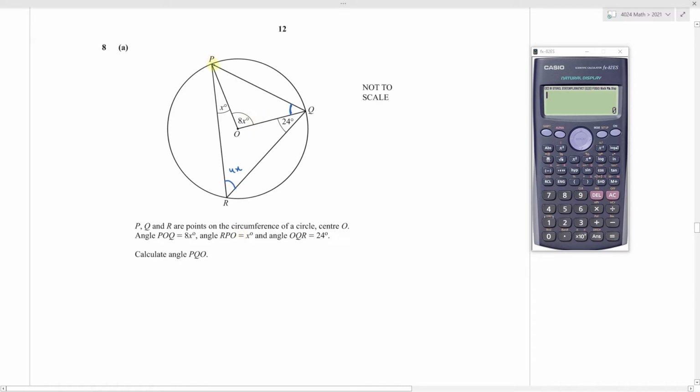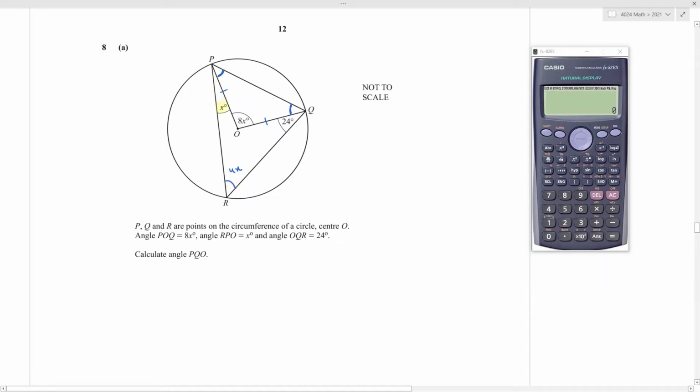So if I look at this triangle POQ, these two lines are equal in length. This is an isosceles triangle because this is the radius, this is the radius. So this angle will be the same as this angle. So I can find the value of this angle in terms of x, and then I can use this large triangle PRQ.